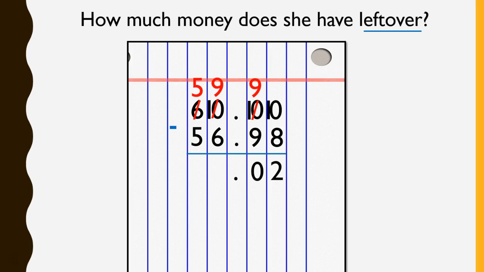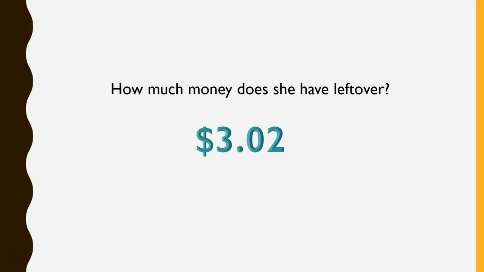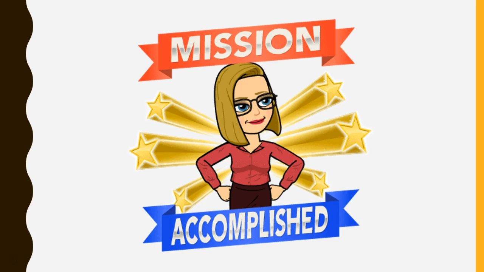Put down the decimal. 9 minus 6, 5 minus 5. Oh, we are finished. Okay, so how much money does she have left over? $3.02. We did it. Mission accomplished.